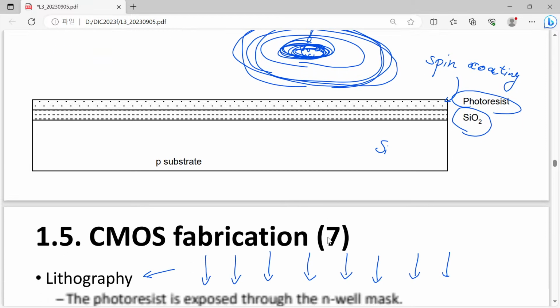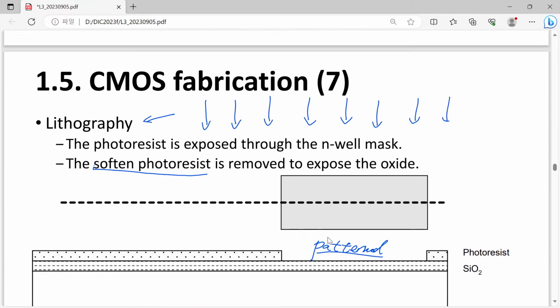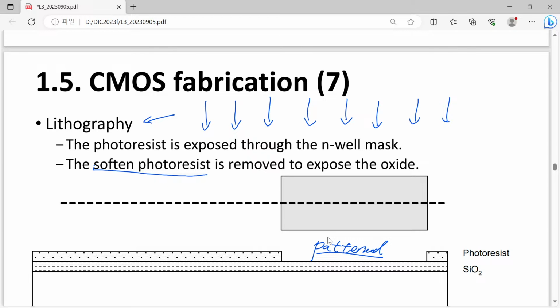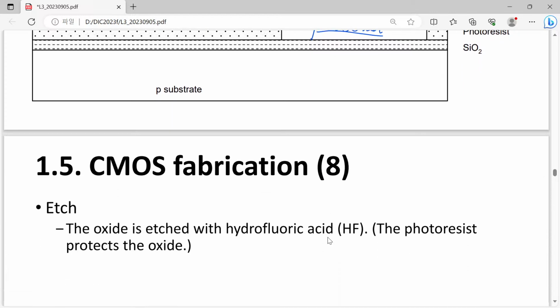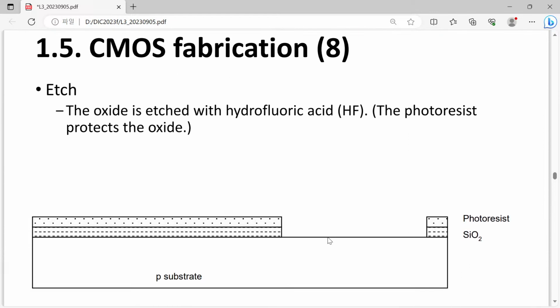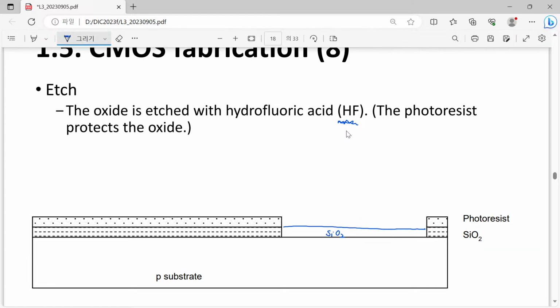However, by taking this post-lithography step, now our wafer is patterned, and now we have a certain chemical, hydrofluoric acid, which is quite strong, and it can eliminate our silicon dioxide. Okay, there was silicon dioxide, however this HF can etch this silicon dioxide.